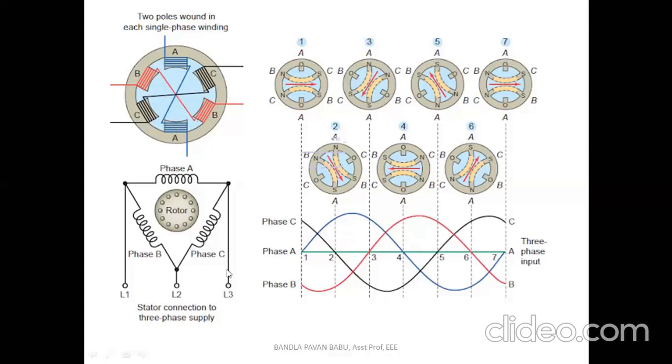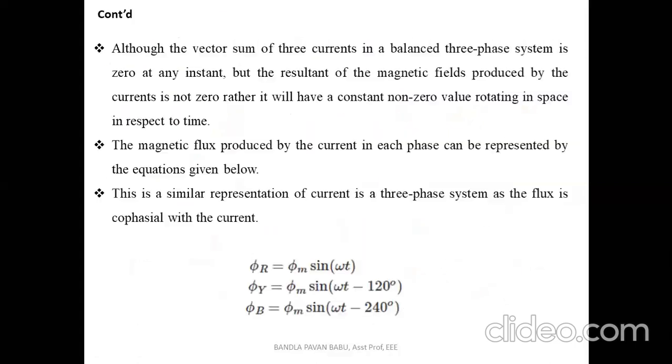From this rotating magnetic field, we have concluded that the flux developed at any particular position is the same. So the resultant flux is constant. That's about the rotating magnetic field. And one more point we have discussed, the synchronous speed.